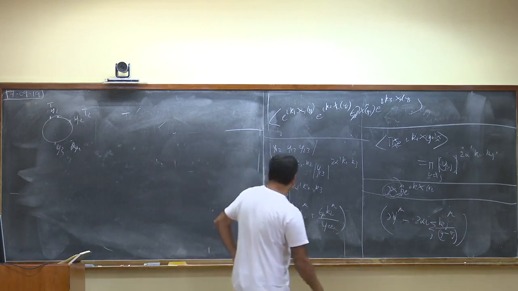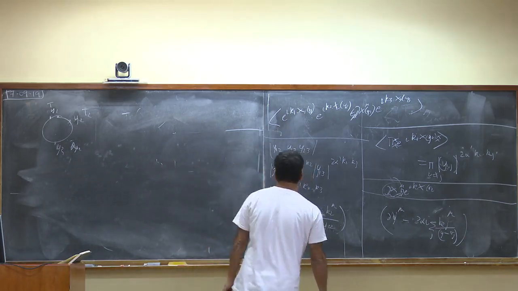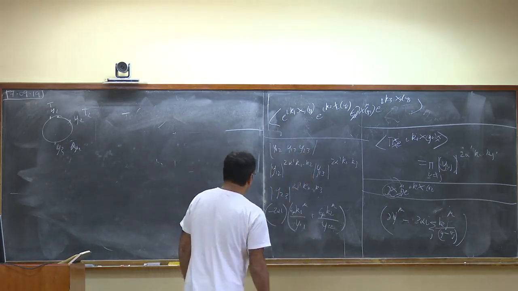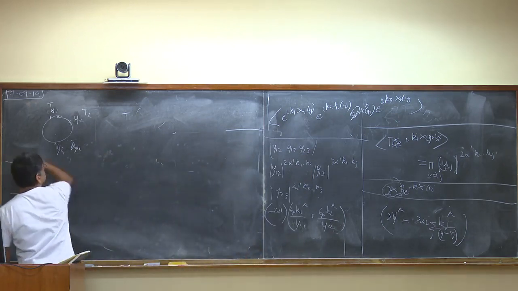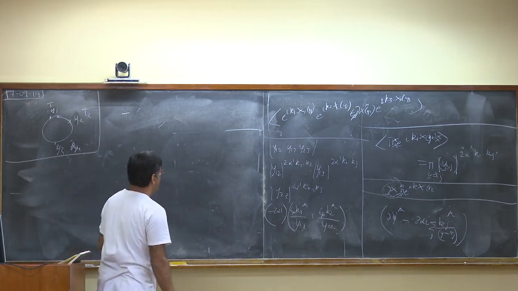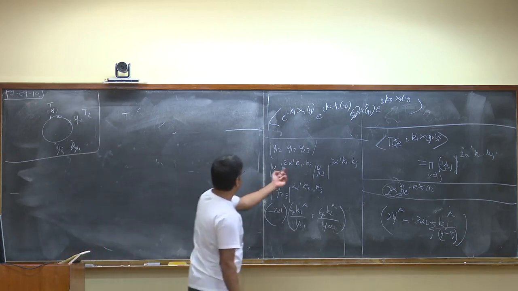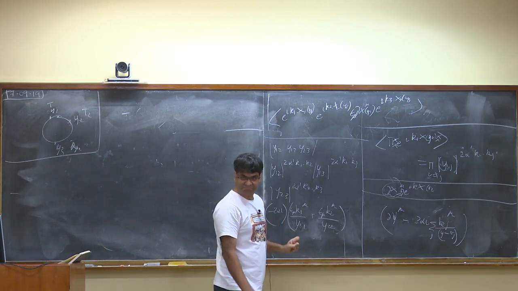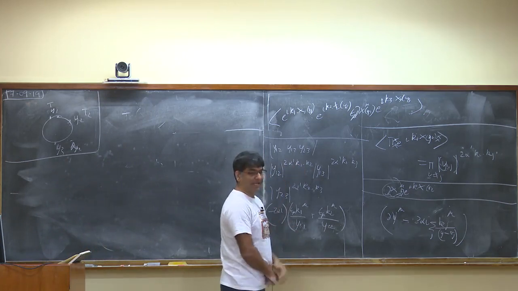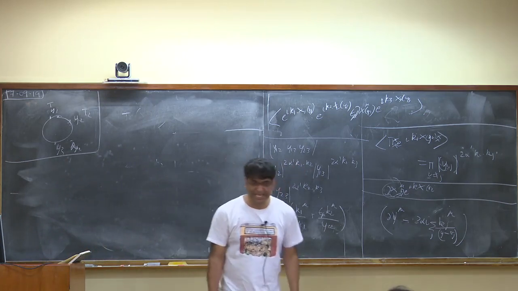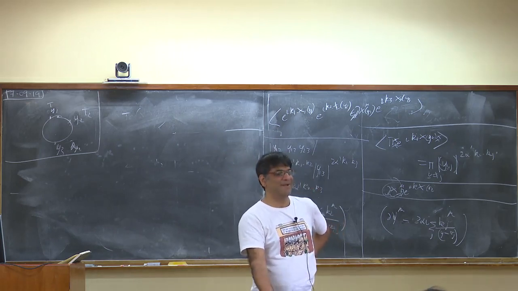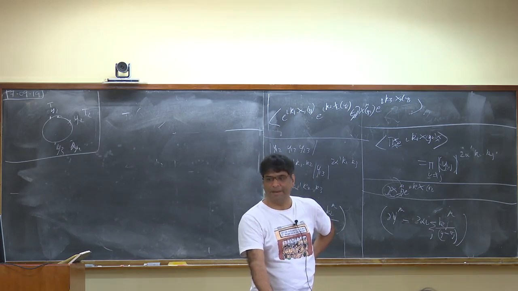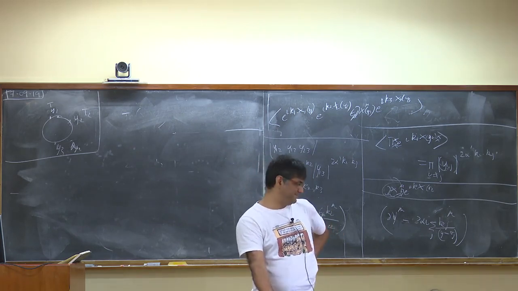So now we just put things together. First, we have to calculate each of these. So k1 dot k2 is k1 plus k2 the whole thing squared, which is 0, minus k1 squared minus k2 squared, divided by 2. Which is just minus k1 squared.